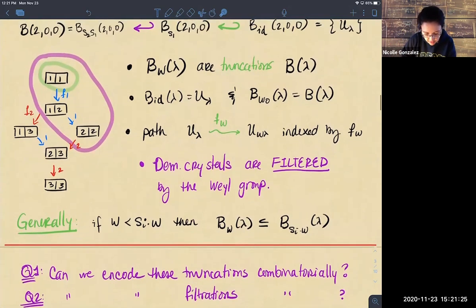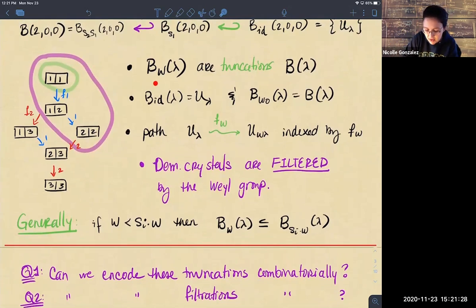Well, here, if I wanted to know what the crystal for this BW lambda was, for this Demazure crystal, I needed to somehow start with the big crystal, the full GLN crystal, and then go back and say, I'm going to erase this edge and I'm going to erase this edge, because I started at the highest weight and I traced it out. And somehow I had all this extra information, but I had too much information and I wanted something finer, because I literally had to manually go back and fix the mistake of having too much.